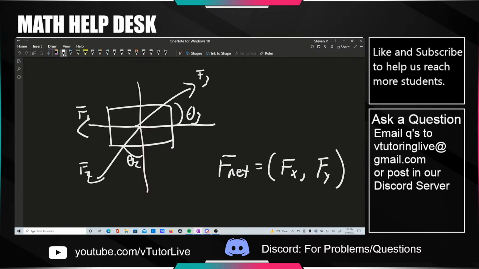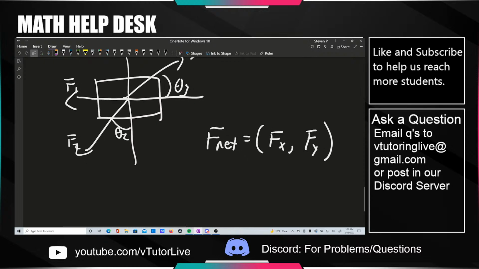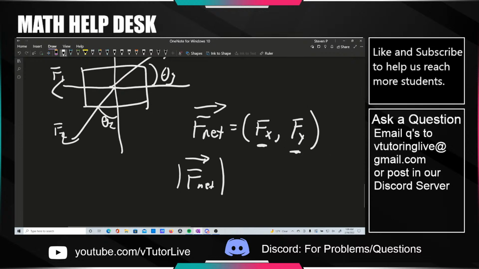And you can do that just by breaking down these components, adding up in the X direction, adding up in the Y direction correspondingly to get F total in X, F total in Y. Use the Pythagorean theorem to figure out what the magnitude of F net is, right? You can figure that out yourself.